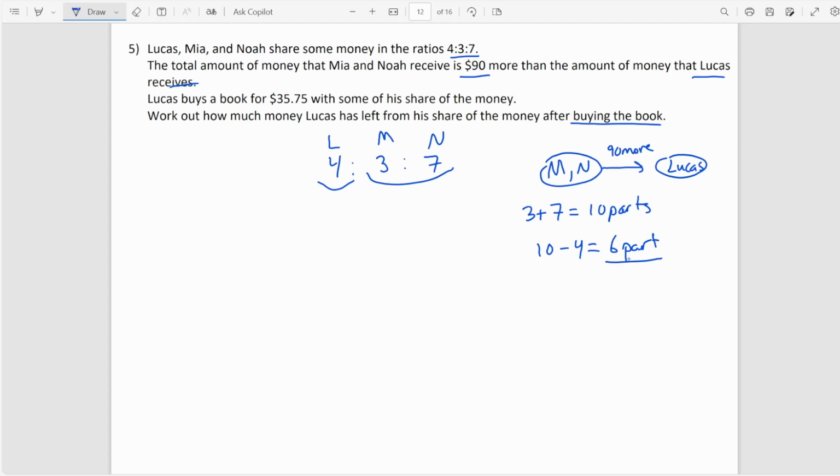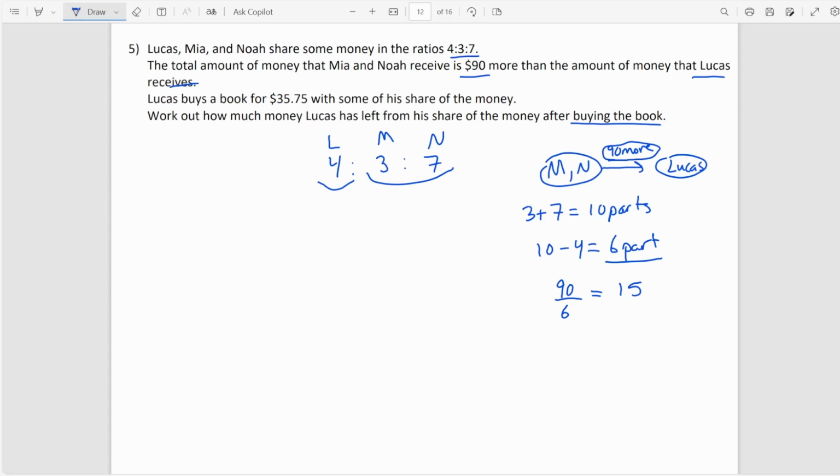This 6-part difference was basically $90 more. Okay, so how am I supposed to find how much each part represents? Well, I will divide the 90, which is the difference in money, by 6, which is the difference in parts, and this gives us $15. So each part represents $15.